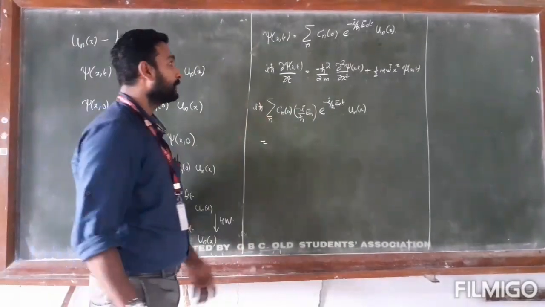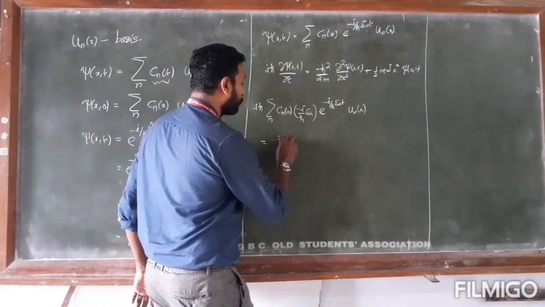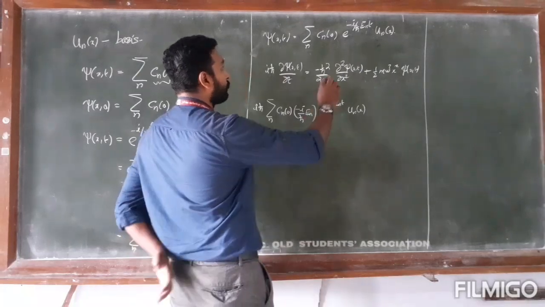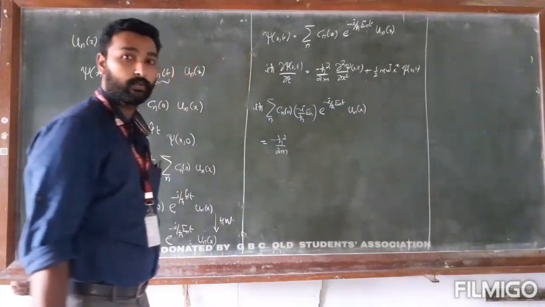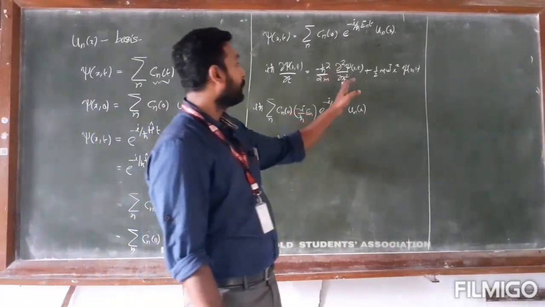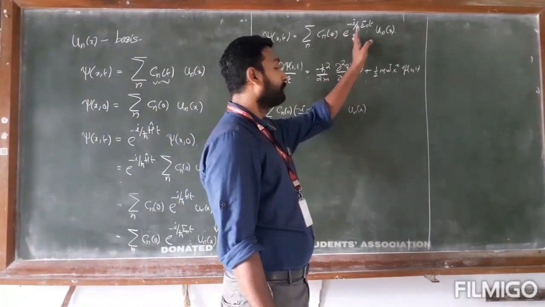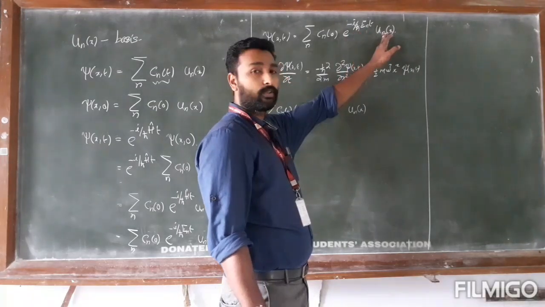And what about the right hand side? It will be minus h bar square by 2m, and I have to differentiate with respect to x two times, dou square un by dou x square. But as far as x is concerned, the first two terms are constant, so I have to differentiate only un of x.